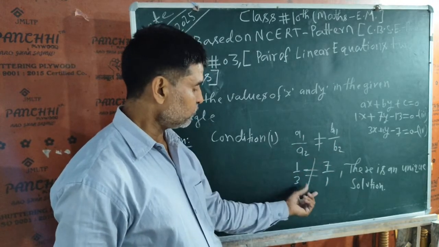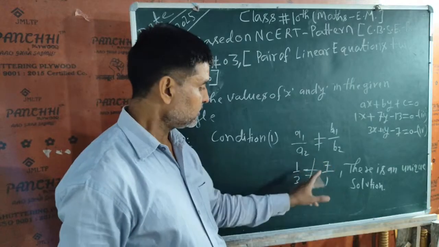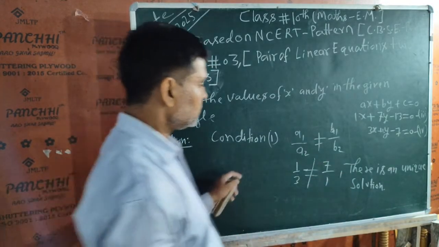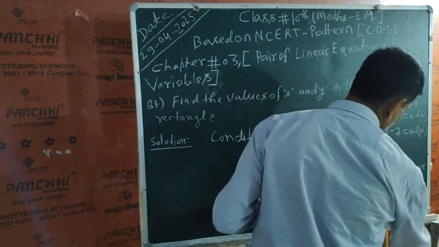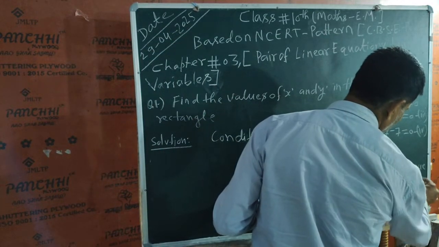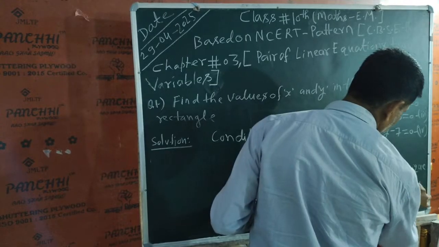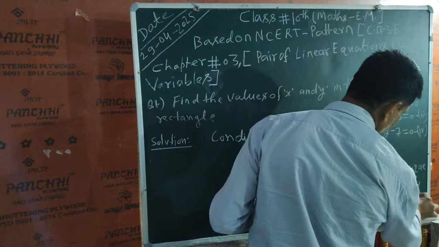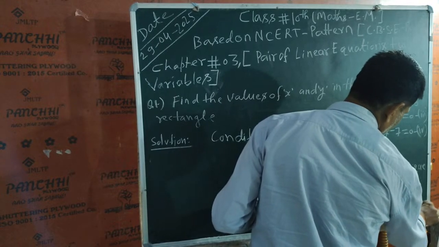So both rational numbers are not equal. It means that both lines are not parallel to each other. One line is going like this and the other line is going like this. This is line L1 and this is line L2. So here is the point of intersection, that point of intersection I will write as x comma y.